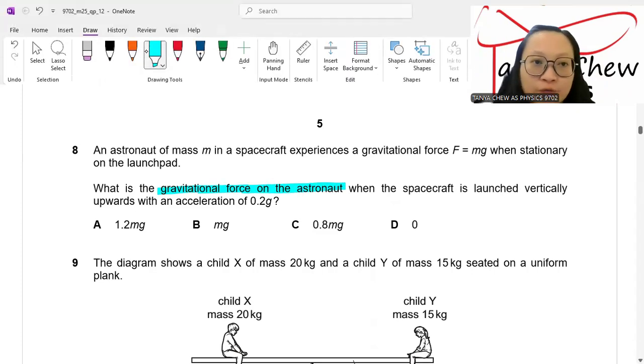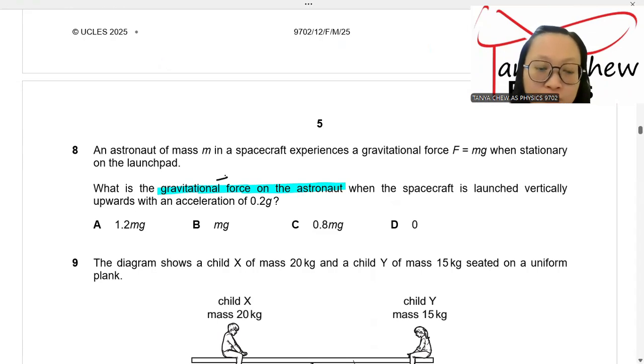What is the definition of the gravitational force? Gravitational force is actually the weight of the astronaut. Even though the spacecraft is being launched with the acceleration of 0.2 g, because the astronaut is still on Earth, the weight of the astronaut is still equal to mg.